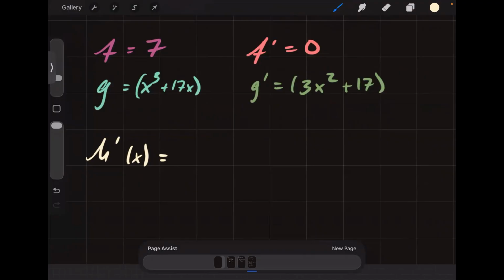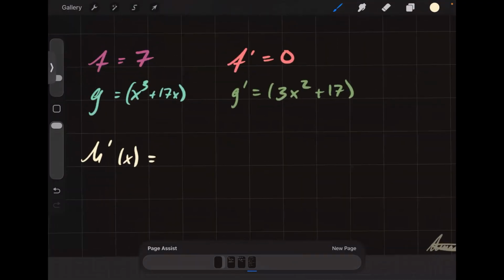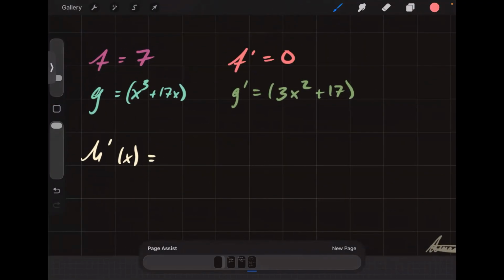Anyway, so this is going to be f prime g. So it's going to be 0 times x cubed plus 17x, plus g prime, which is going to be 3x squared plus 17.